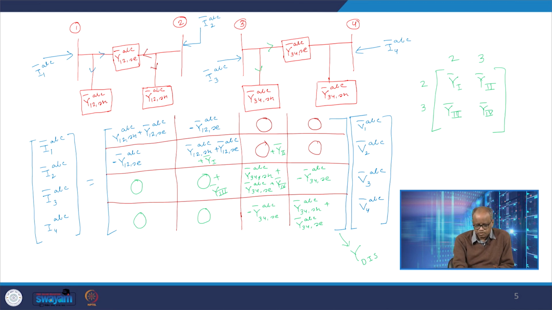So you see y1 has been added in the element 2 2, y2 in the element 2 3, y3 in the element 3 2, and y4 in the element 3 3. So after we form the disjoint matrix, we simply add the elements by looking at the two terminal buses of the transformer.